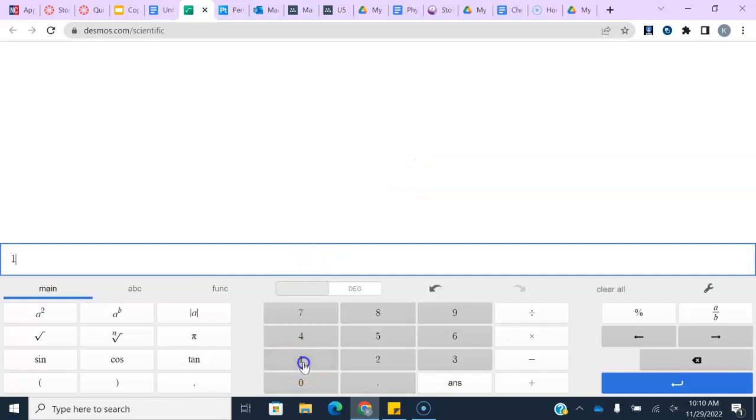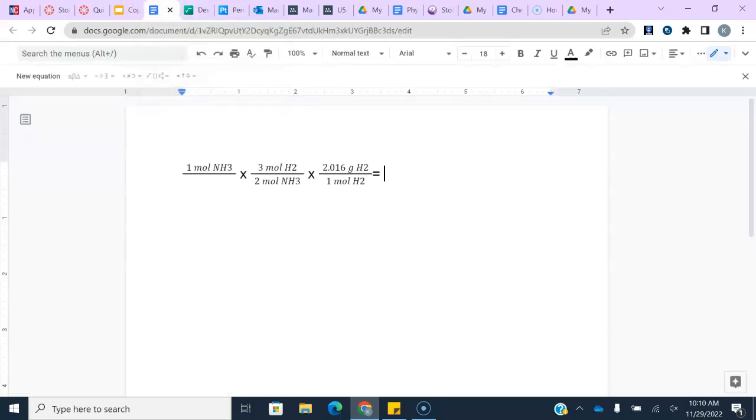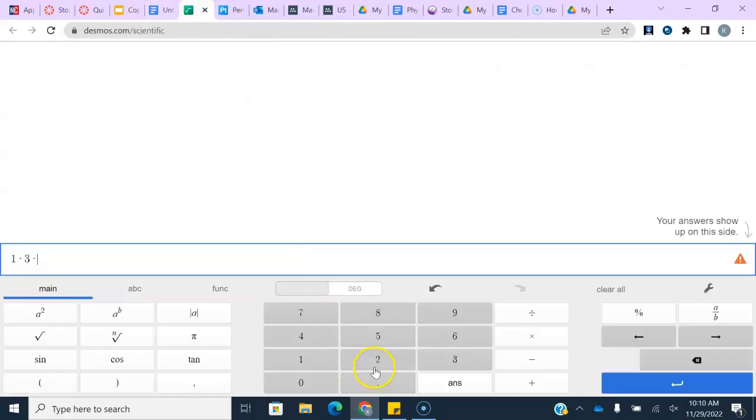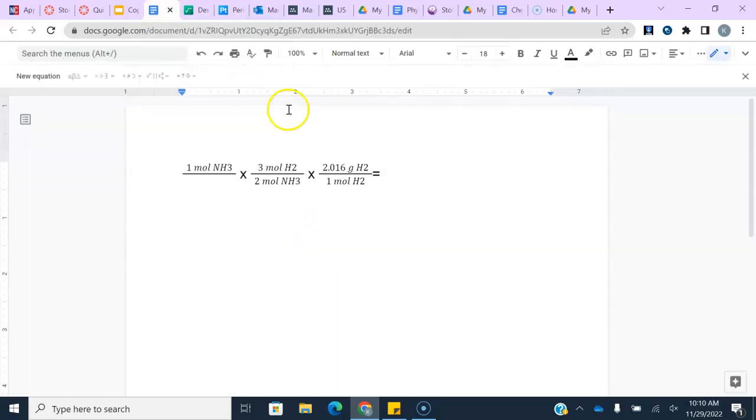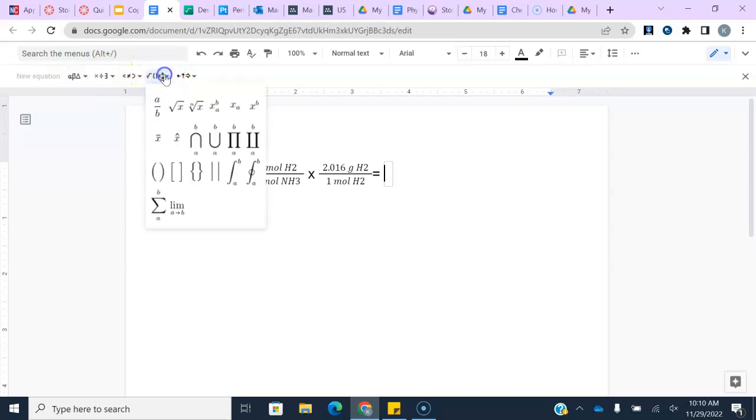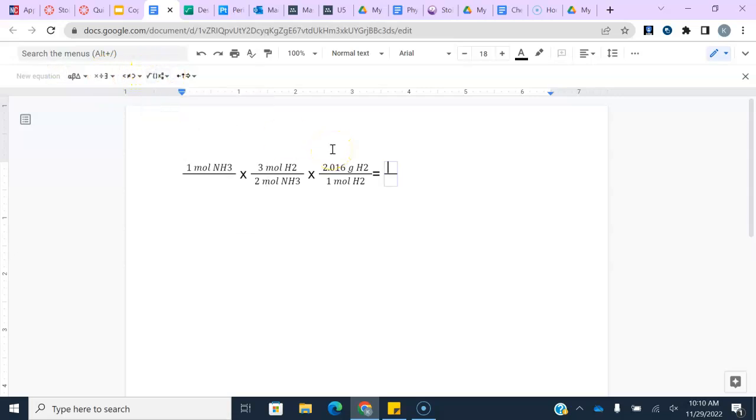So we're doing 1 times 3 times 2.016, which is 6.048. So we'll have 6.048 grams of H2 divided by, now these are all eliminated, so the moles of NH3 went away, moles of H2 are gone, which means the bottom will just be a whole number because these units have canceled out.